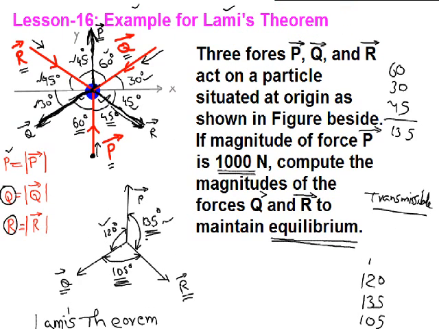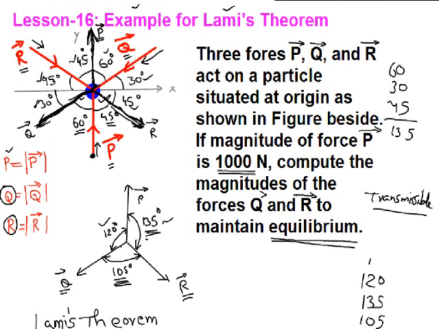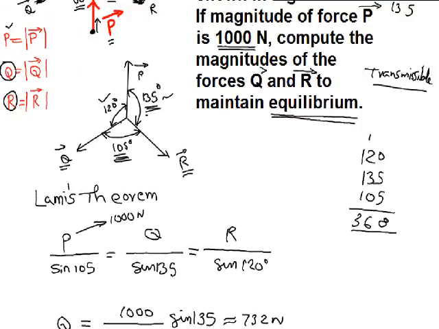Most of the problems that involve using Lami's theorem involve three forces. All the three forces are concurrent. Typically we know the magnitude of one of the forces and all the angles, and you will be required to find the magnitudes of other forces.